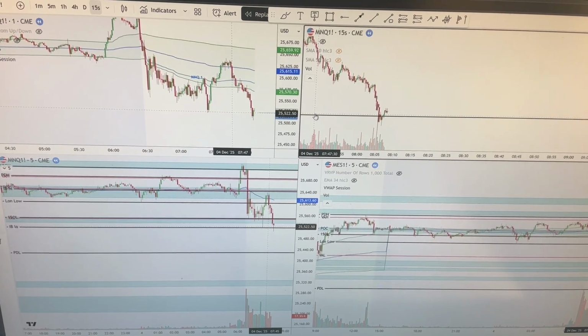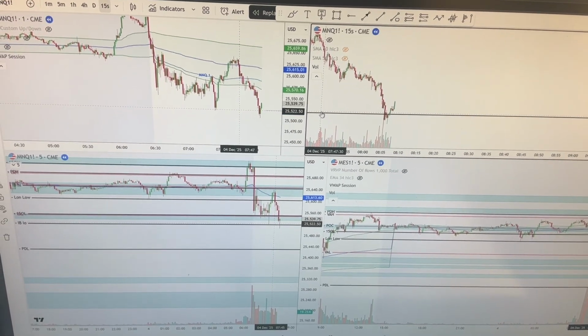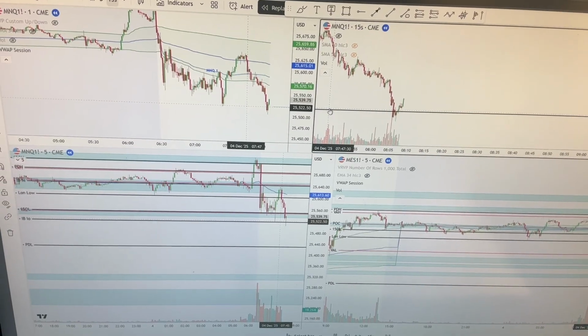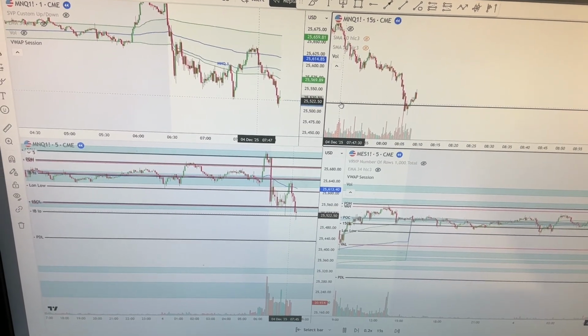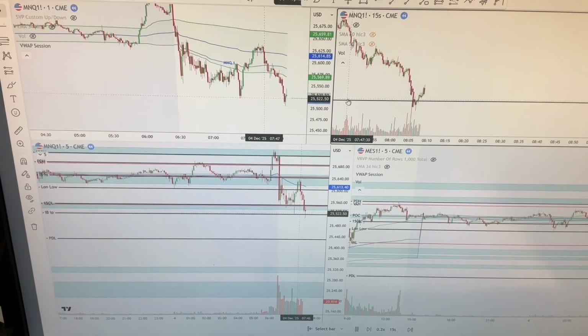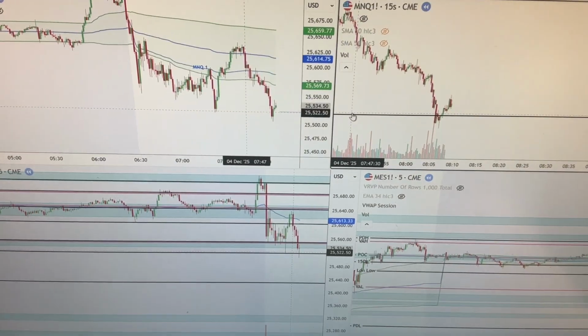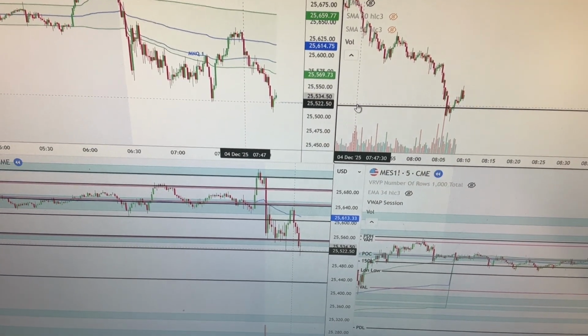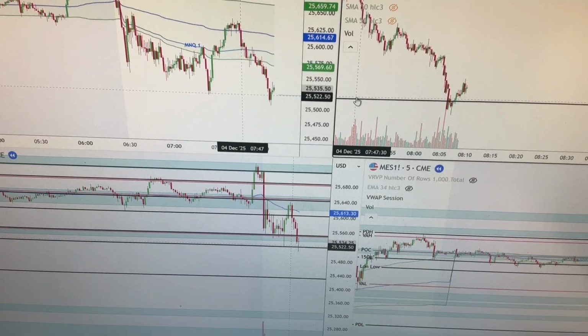And then at some point, the 5 minutes is gonna have this long wick and close. And it's not closed yet. It's gonna close as a green hammer.